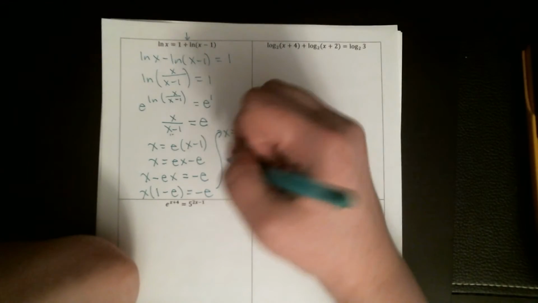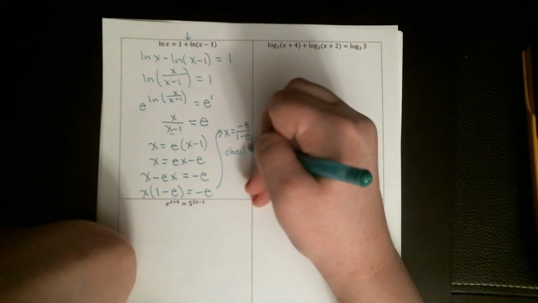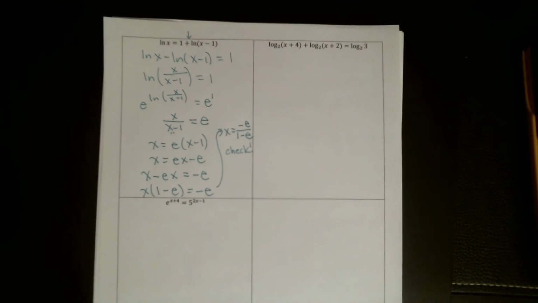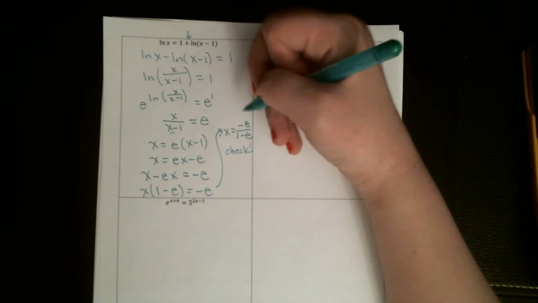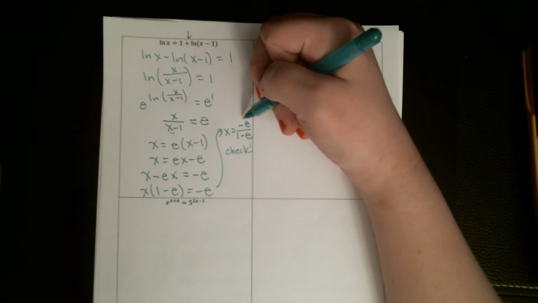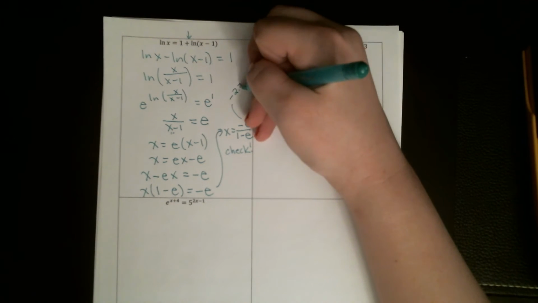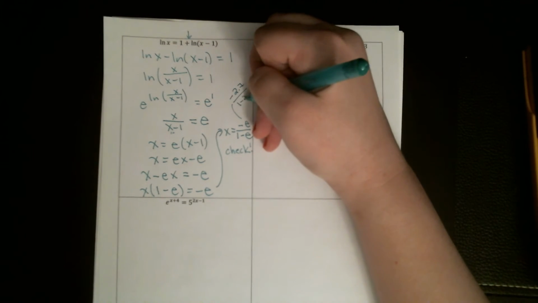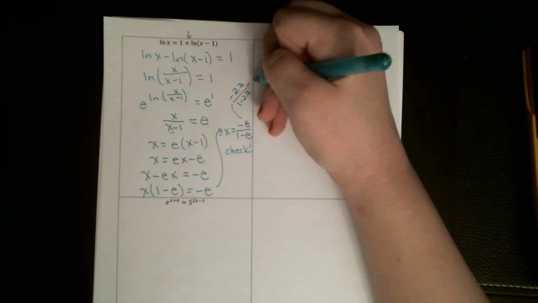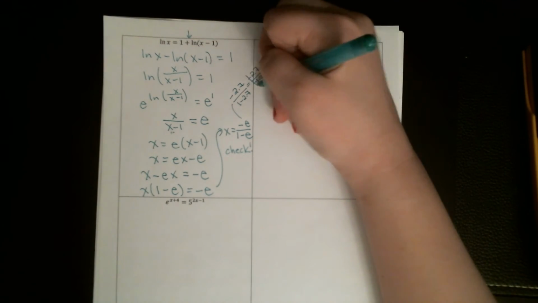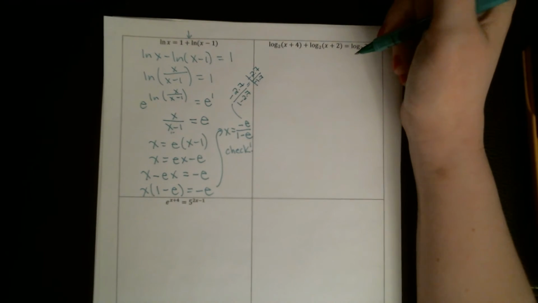This should have the non-optional check. So you can, as you're working through your homework, use a calculator to check, but just keep in mind that this is an exam that I won't let you use a calculator on. So we should be able to do sort of a rough check, an approximate check, just by saying, okay, this is in the ballpark of negative 2.7 over 1 minus 2.7, which is negative 2.7 over negative 1.7, which becomes positive.